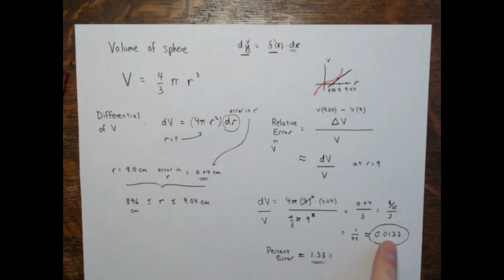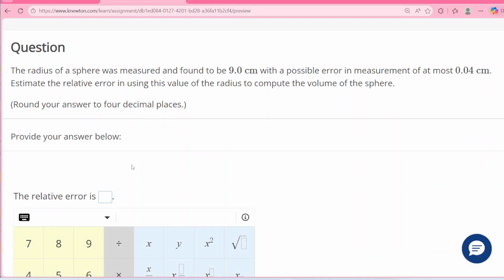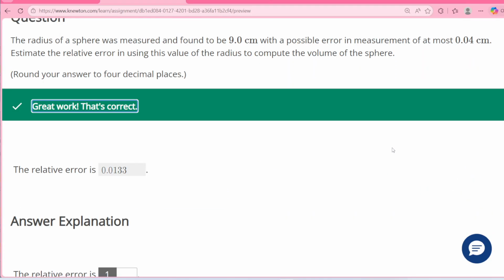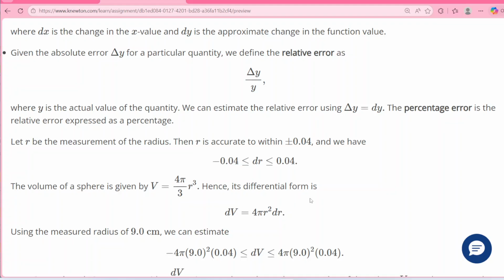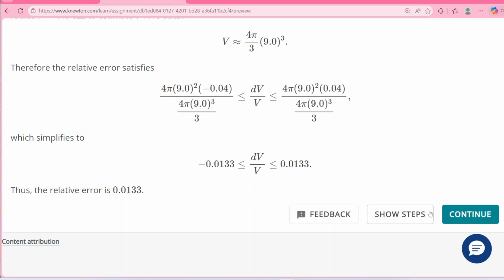So I go back to this initial value here of 0.0133, put that in, 0.0133. Okay. So again, your relative error is the change in output divided by the initial output, which you're going to be approximating with dy over y, and I know they do that with volume here, dv over v.